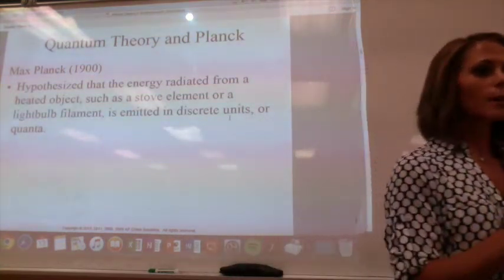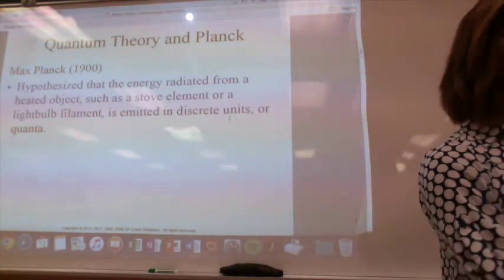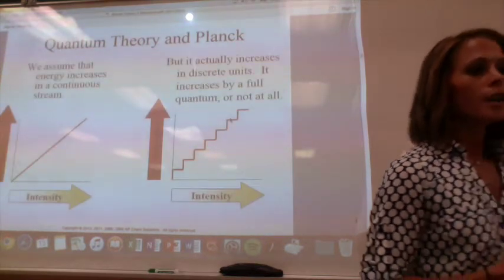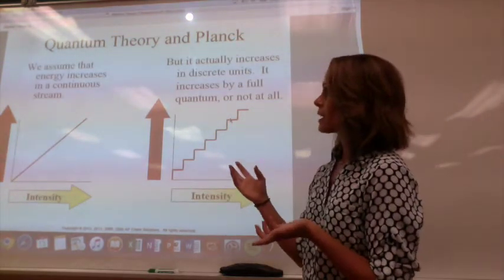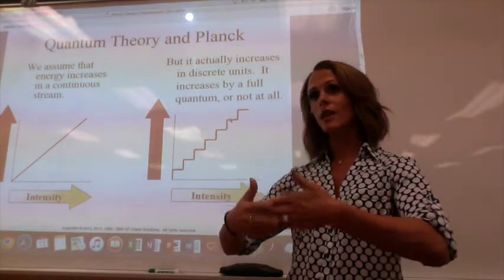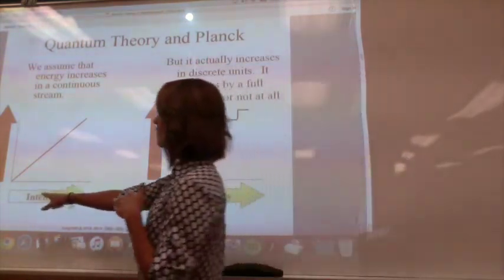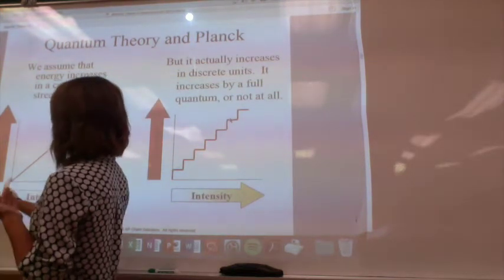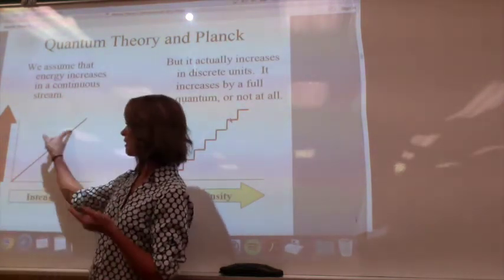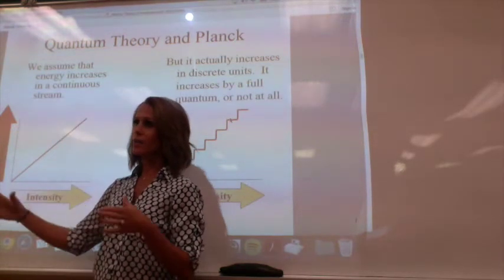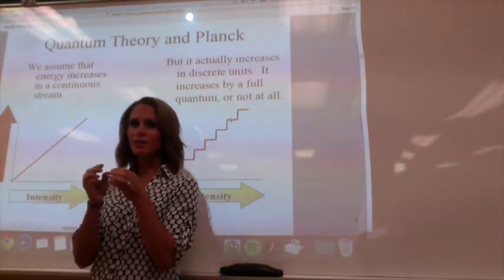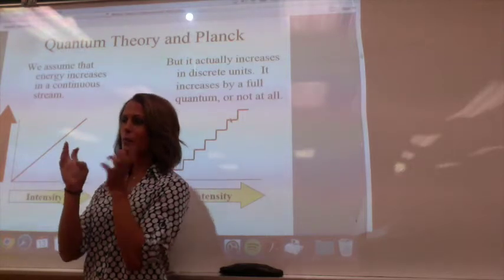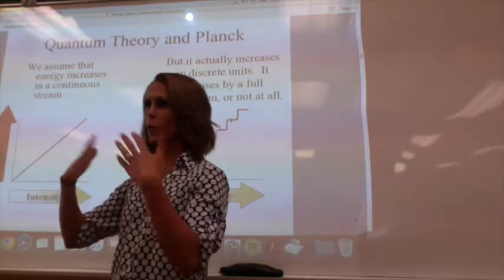I want to use an example of this heating up of water. What we think is happening when we're heating a pot of water on the stove is that as energy is being added, the intensity increases, and it starts to boil. So we visually see this happening, right? We see okay, it starts to get hotter, and then we see these little air bubbles kind of coming up, and then the water begins to bubble, and then it begins to bubble more rapidly.